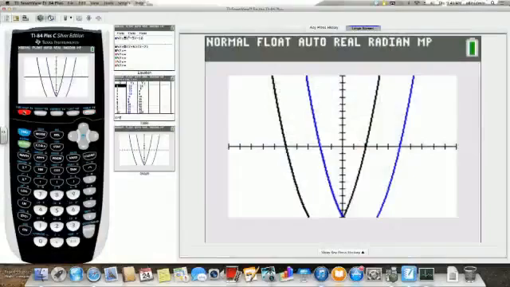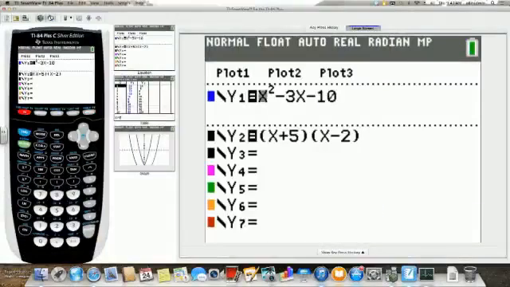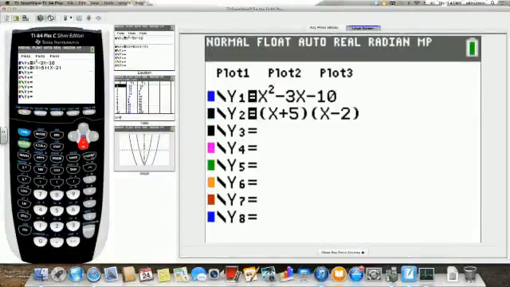Let's go back to the calculator. Press y equals, go down to y2. Let's clear that out and put in x minus 9, x minus 1. Now we've got that in there. Let's go ahead and press graph.